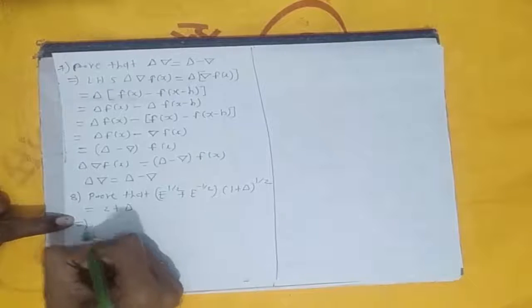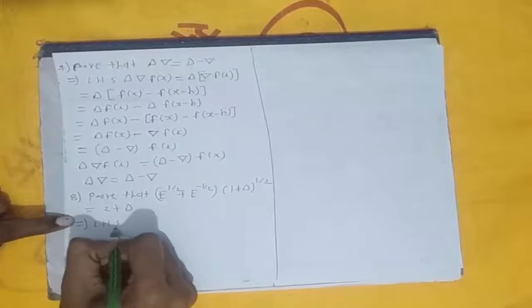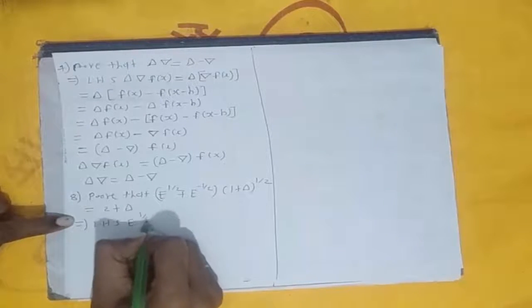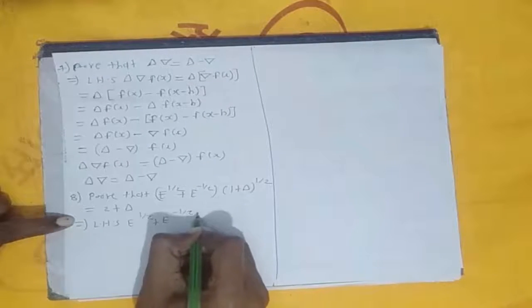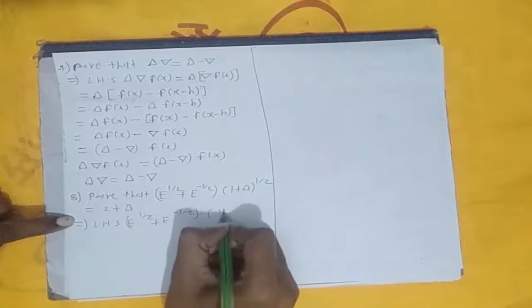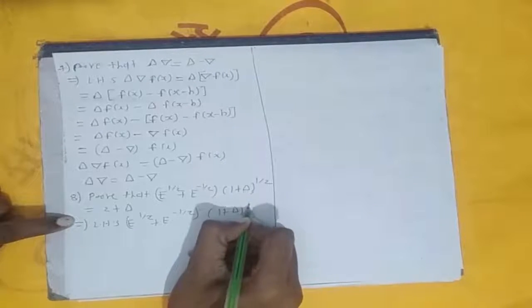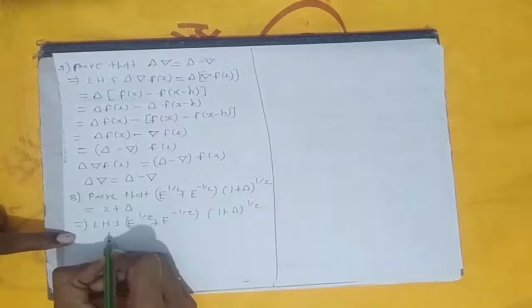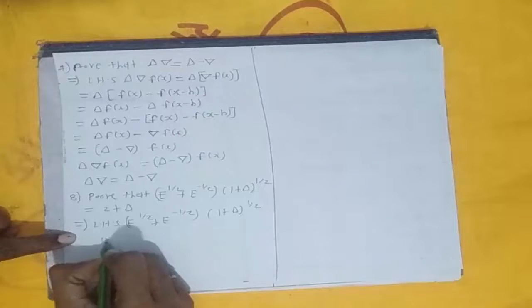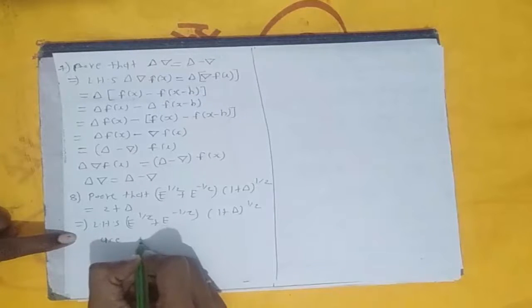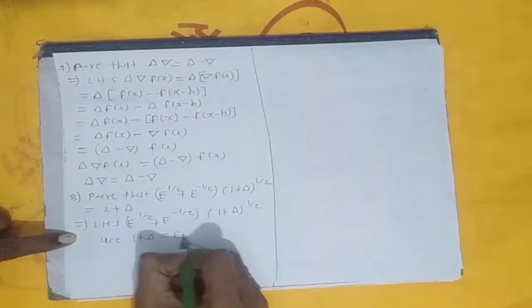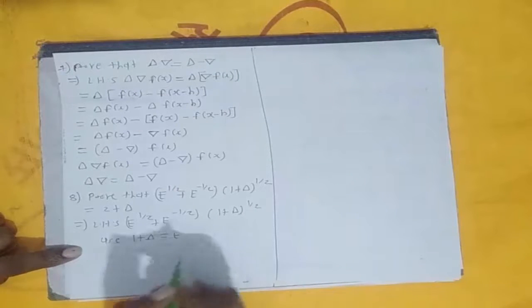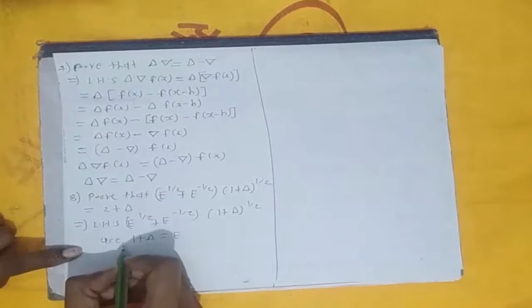So again if we consider the LHS, it will be e raised to 1 by 2 plus e raised to minus 1 by 2 into, in bracket, 1 plus delta raised to 1 by 2. So we know that 1 plus delta is equal to e. E is equal to 1 plus delta, the relation between delta and e.